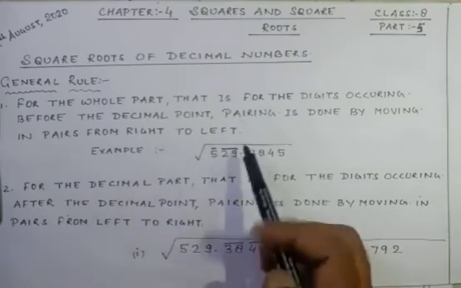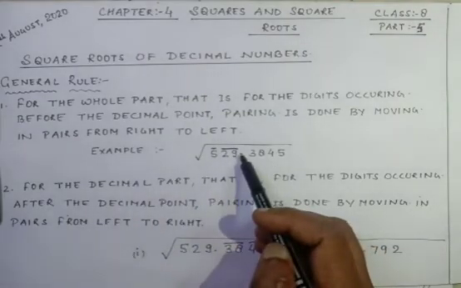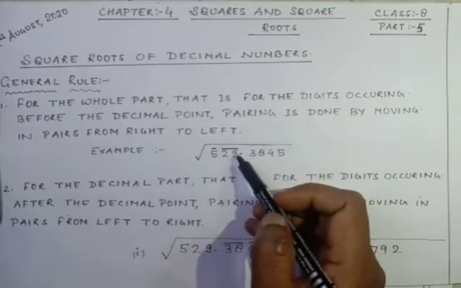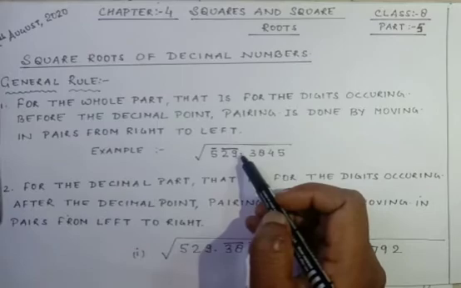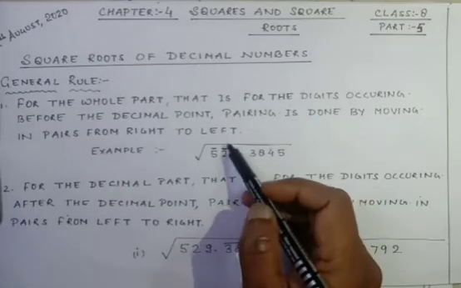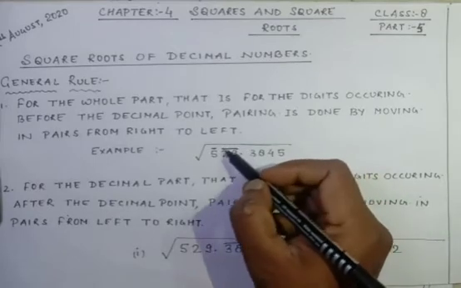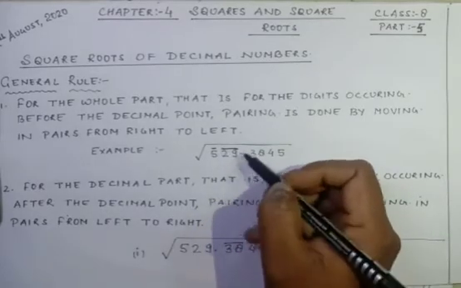After that, for the numbers lying before the decimal, you do the pairing. Before the decimal, you move from right to left, so the first pair will be 29 and the last one is 5.